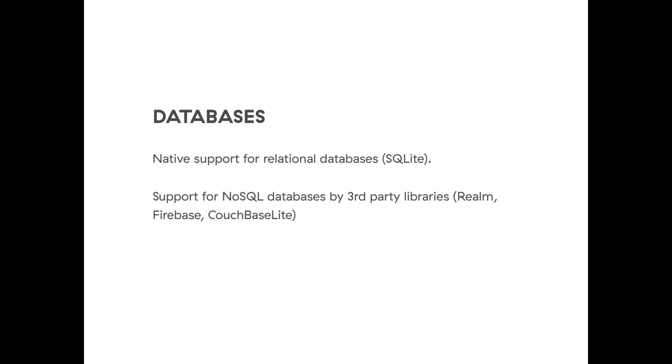Android by default has support for SQLite, which is an SQL relational database. So if you're using Realm, Firebase, Couchbase Lite, they are great tools, they are great databases, great libraries, which will solve some problems, but please take into consideration that if for some reason you will have to migrate to some SQL ORM, you will have a lot of problems with migrating your data.